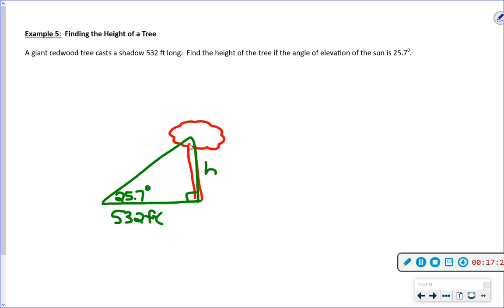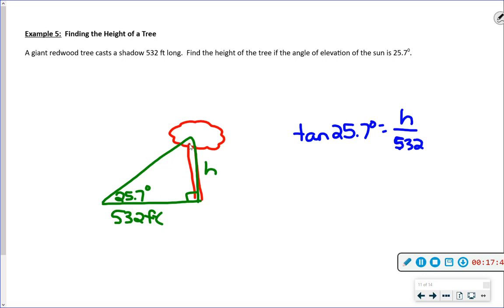So tan of 25.7 equals my opposite side over adjacent. I can't write 532. There we go. Got it. Now, from here, you probably don't need to write anything more.